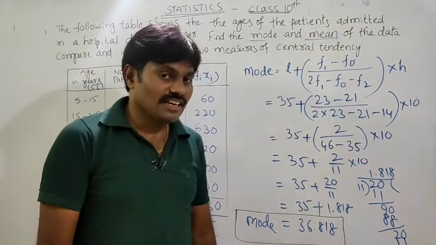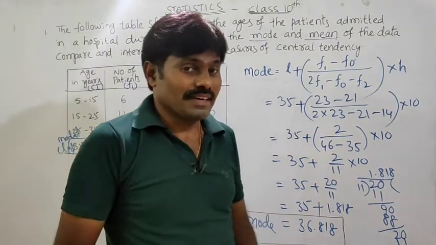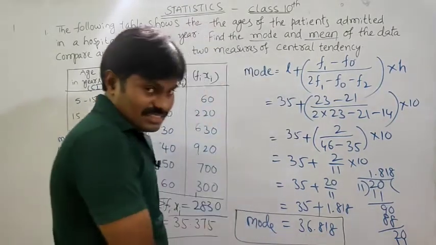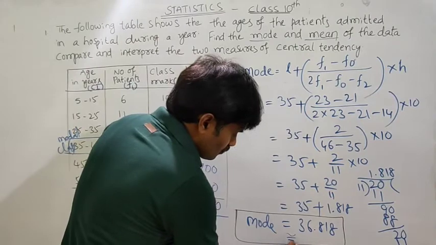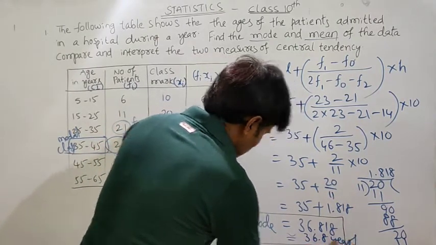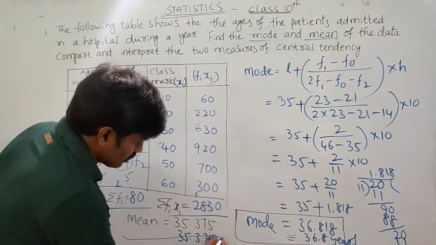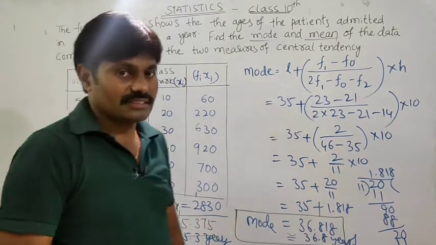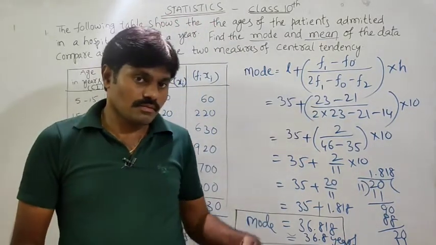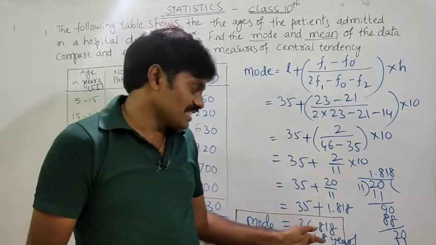Now they asked us to interpret the data. Before interpreting, here 36.818 is in years. I am rounding to 1 decimal place, so 36.8 years. The mean is 35.3 years. Now what does this mode mean? The modal age of the patients is 36.8 years.